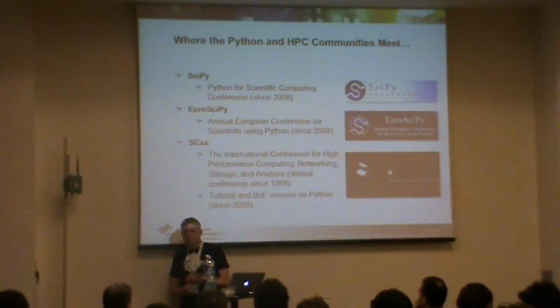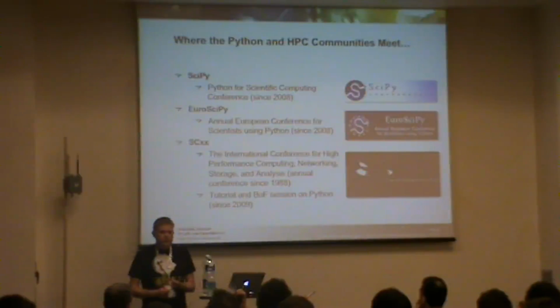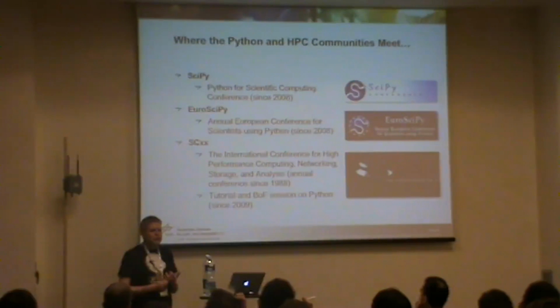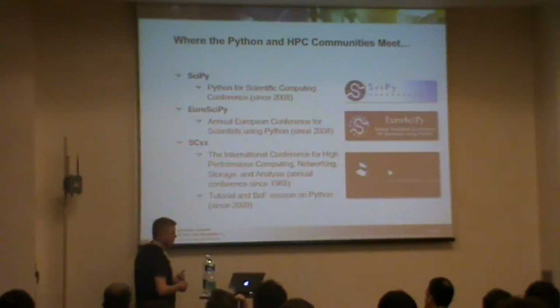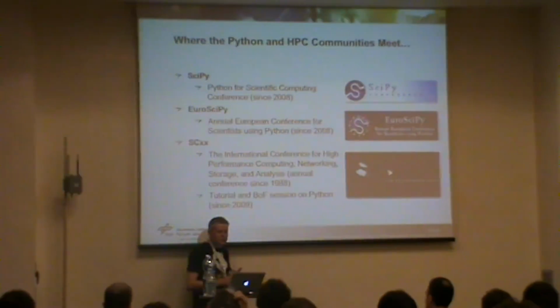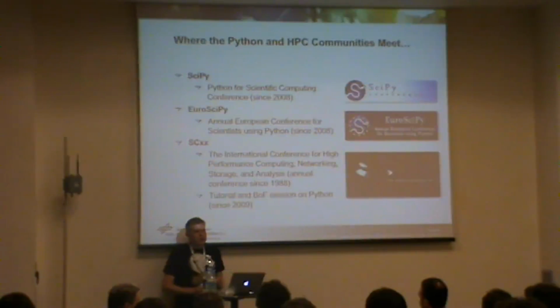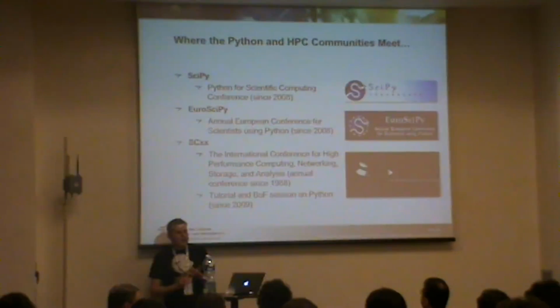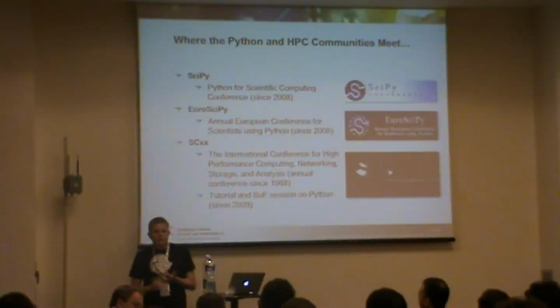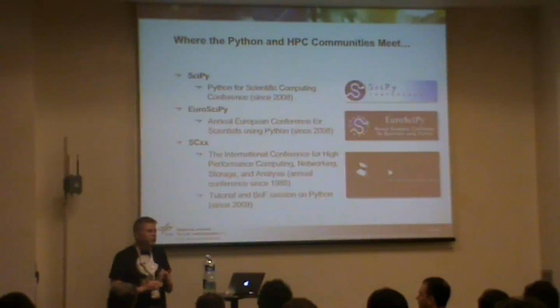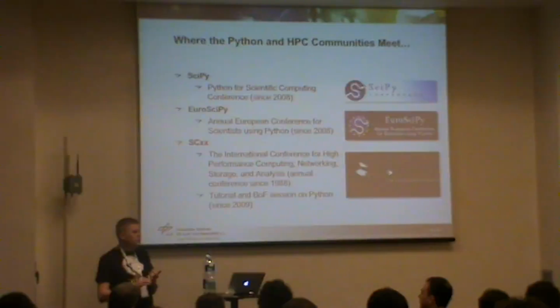These are conferences where many people interested in Python attend. The third conference series, the SC series, the Supercomputing series, is a conference where almost all HPC people in the world attend. This is a conference even bigger than EuroPython, with about 10,000 attendees every year.